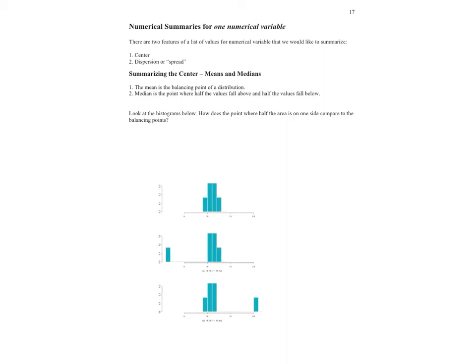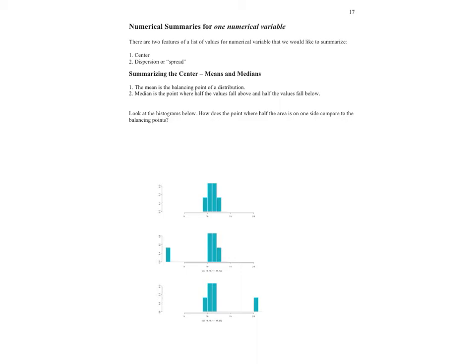There's really more than one way of thinking about the center of a distribution of numbers. One way would be to think about where the distribution balances, and the mean is the balancing point of a distribution.